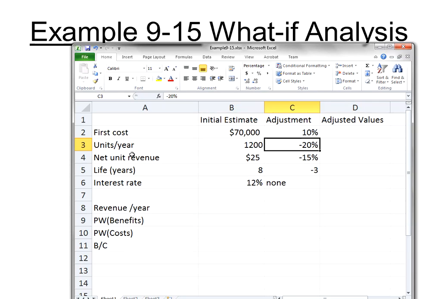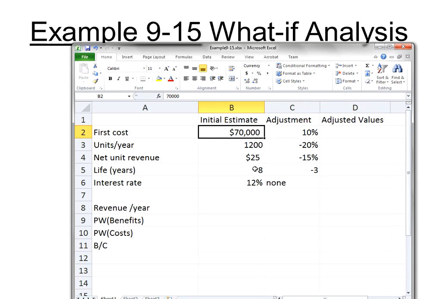And to correct for the net unit revenue, because maybe the units are not going to sell for as much as we expect, we're going to adjust this benefit by 15%. And also maybe we think that the project will last 8 years, but maybe we're too optimistic about it. Maybe it will only last 3 years. So let's see how that would change our decision.